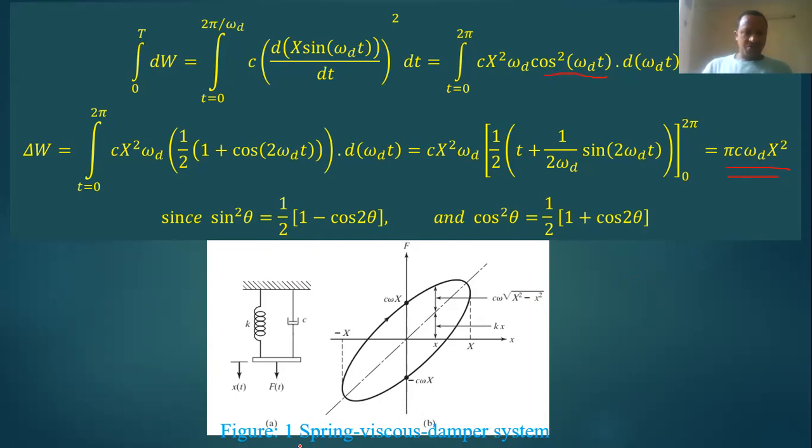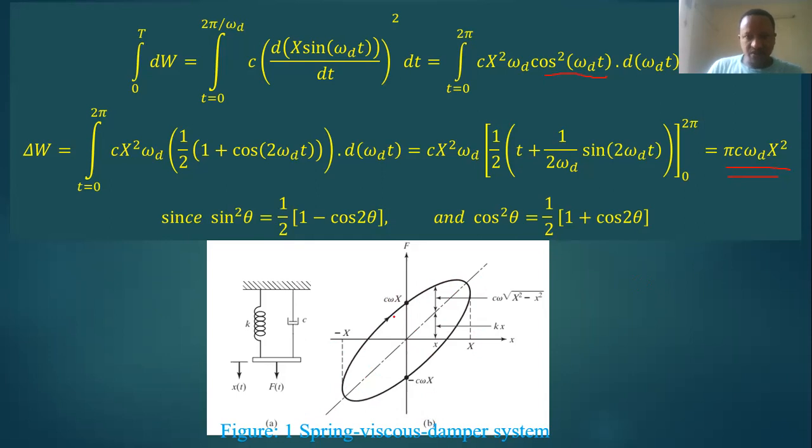So this is the condition of a spring-mass-damper system with viscous damping, and this is the energy cycle, the loading and unloading cycle of the viscous damped condition.